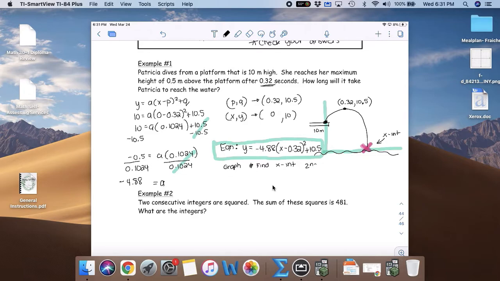So we did that second trace, number 2, to find our 0, which is another name for x-intercept. Then we used the standard window to do that: negative 10, positive 10, 1 for both the x and the y scales. And then we found the x-intercept was 1.79 seconds.